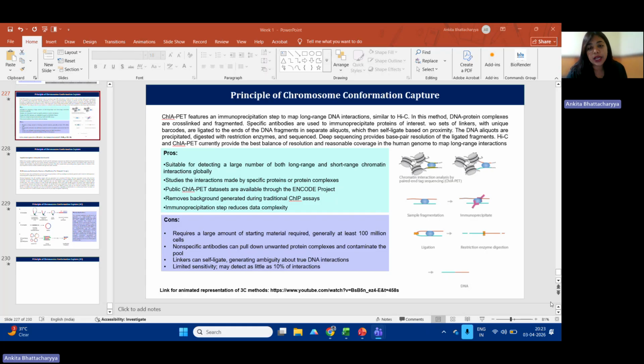If it is a long range interaction, if it is an upstream enhancer that it actually binds to, then that can be a more interesting area of study as well.